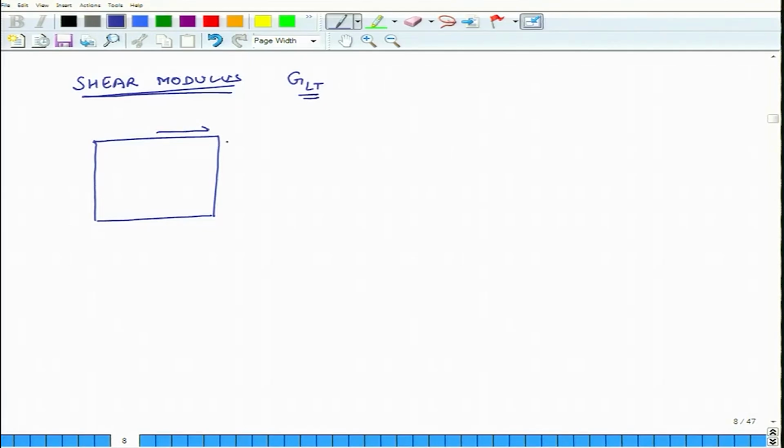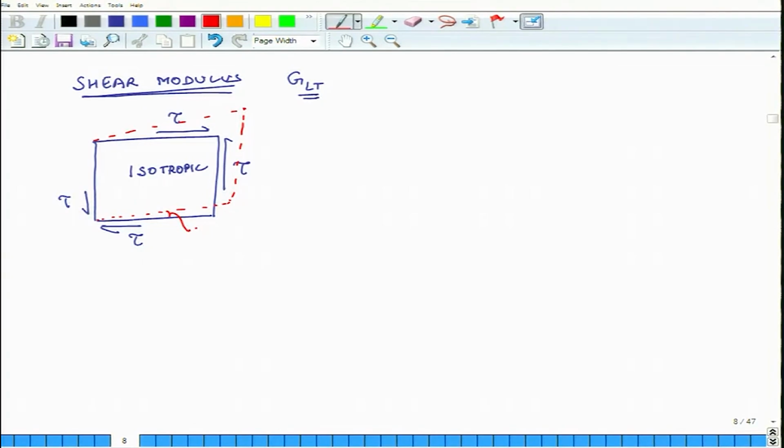I apply on it some shear stresses. So, I apply tau, and remember, this is isotropic material. Okay. And when I apply this shear stress, this is its deformed shape, it deforms in this kind of a way, and this angle which was originally 90 degrees, it does not remain 90 degrees.